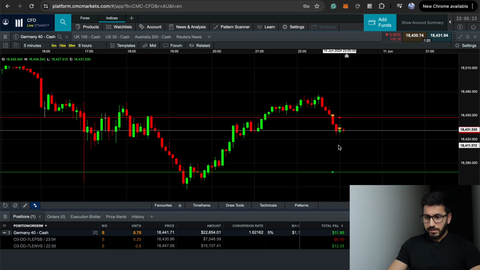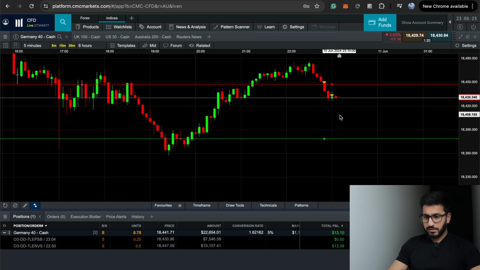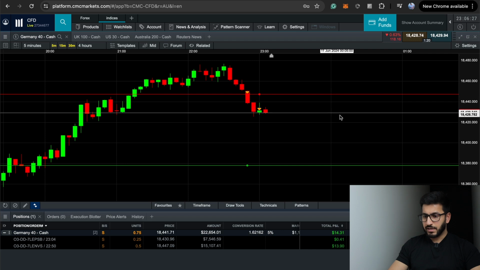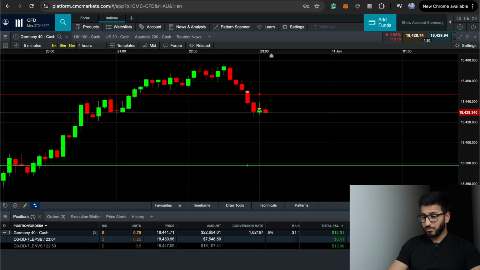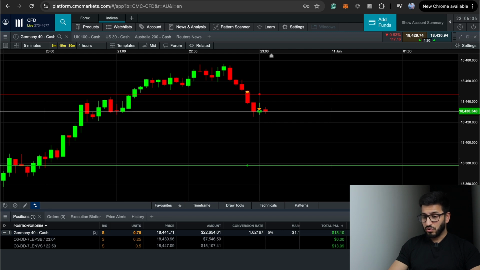So I'm going to try to just scale this scalp as much as I can. This 0.4. And again, this is not going to be big numbers, guys. This is scalping. You should not be using all of your capital for scalping.